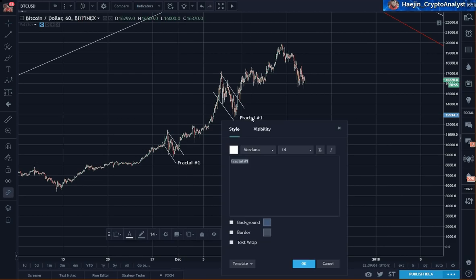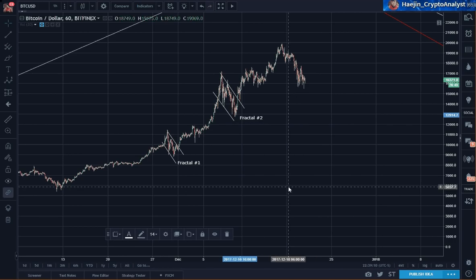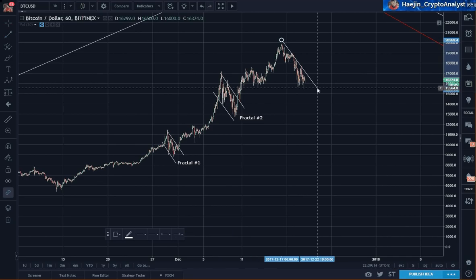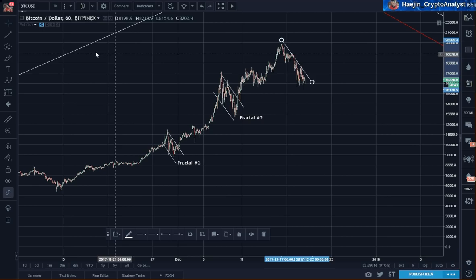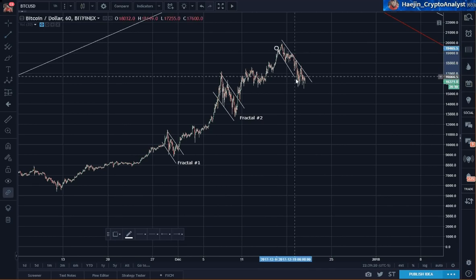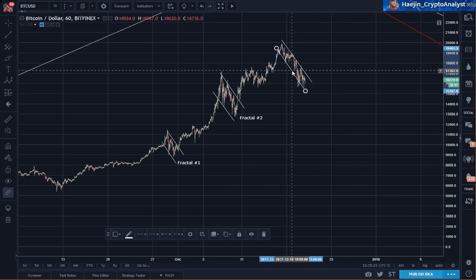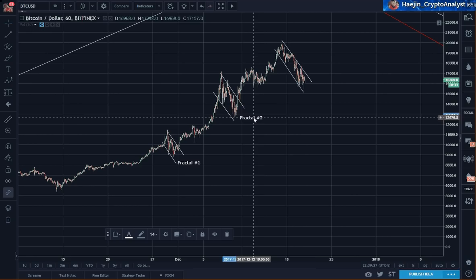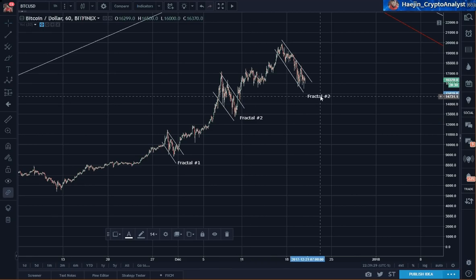I'm going to call this fractal number 2. And then finally, where we are now, even longer. And I'm now going to call this fractal number 3.